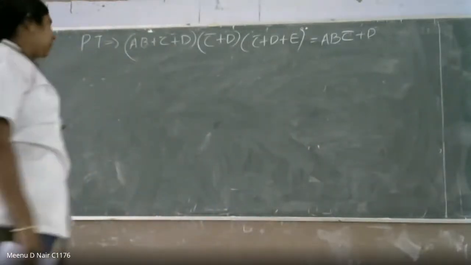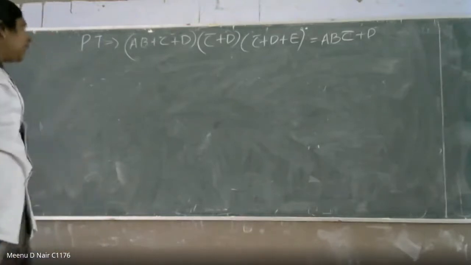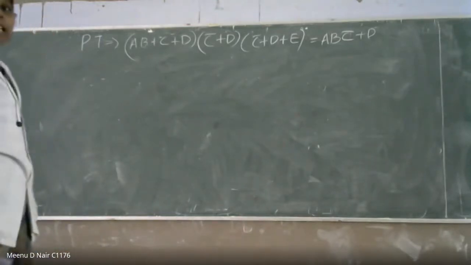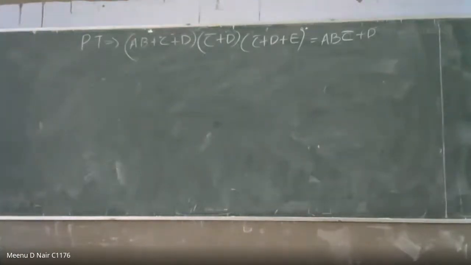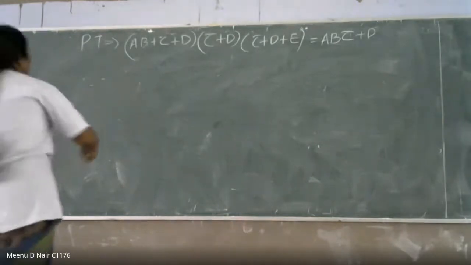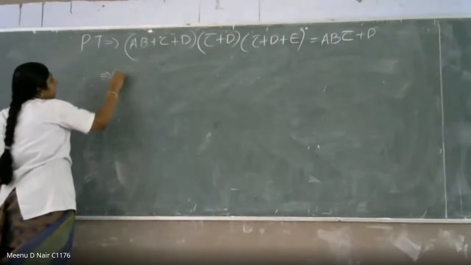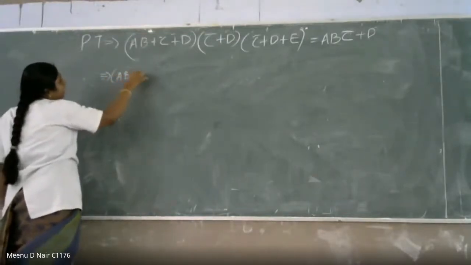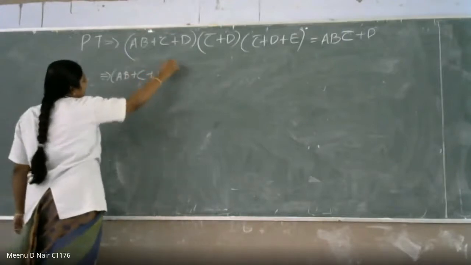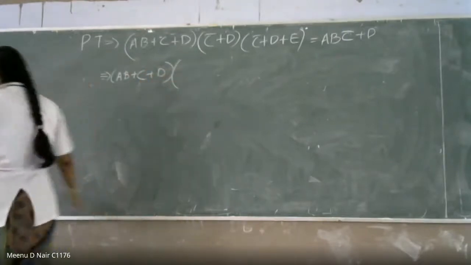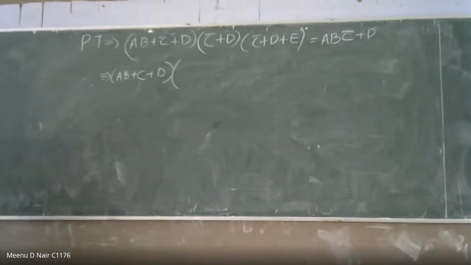So prove that AB plus C plus D into C bar plus D into C bar plus D plus E is equal to A, B, C bar plus D. So here what you have to do is keep it like this. We are going to write AB plus C plus D into, now you are going to multiply the second and third term.